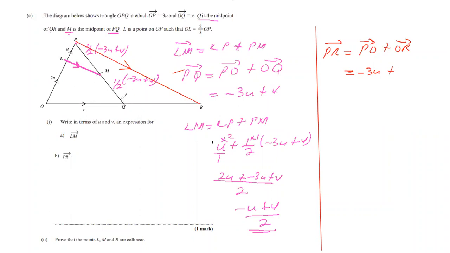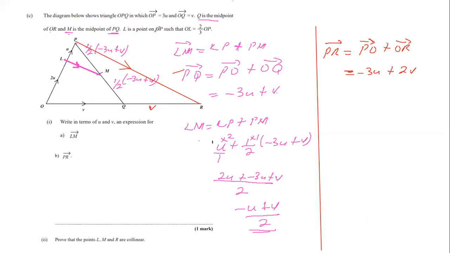They say Q is a midpoint, right? So if here is V, this is also going to be V. Everyone understand that? So we get 2V. Why did I say it's V? Because they say Q is a midpoint.